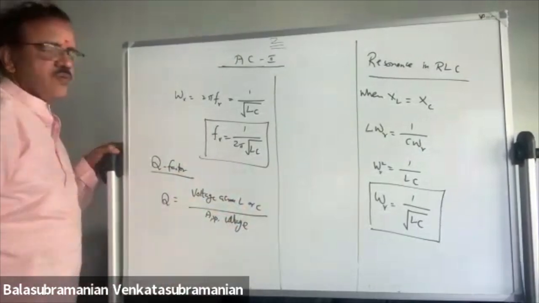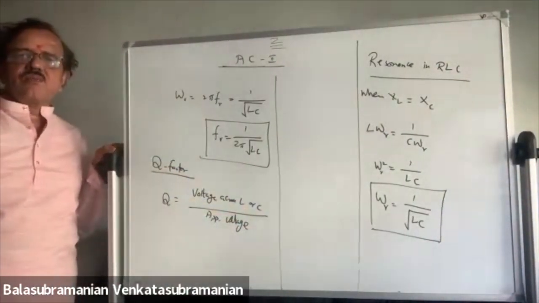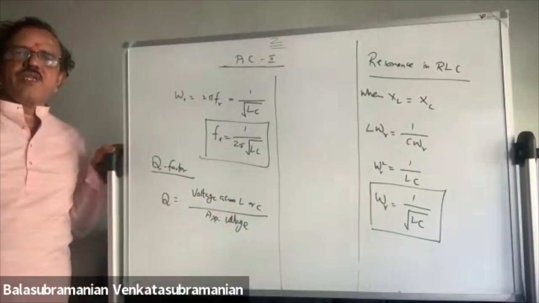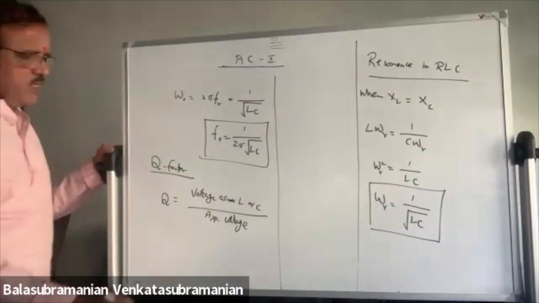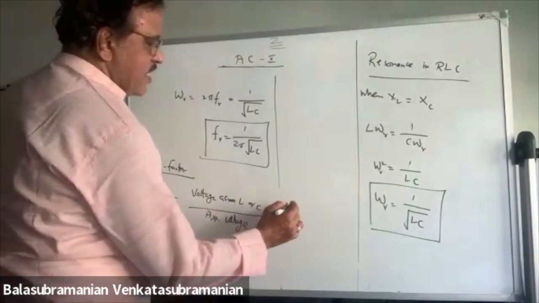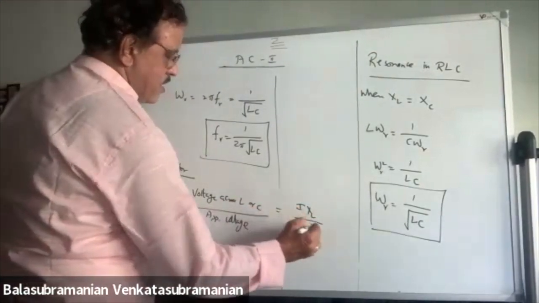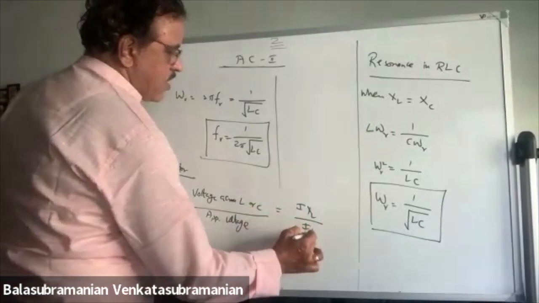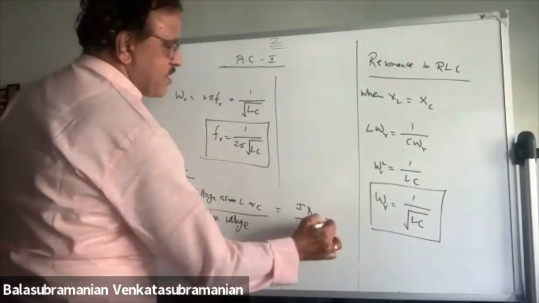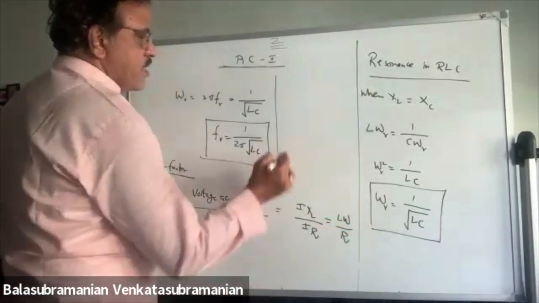This is the ratio. At resonance only, it gives a peak. That is across L or C. We will write this as across L, IXL, divided by IR. I cancels. That is L omega by R.